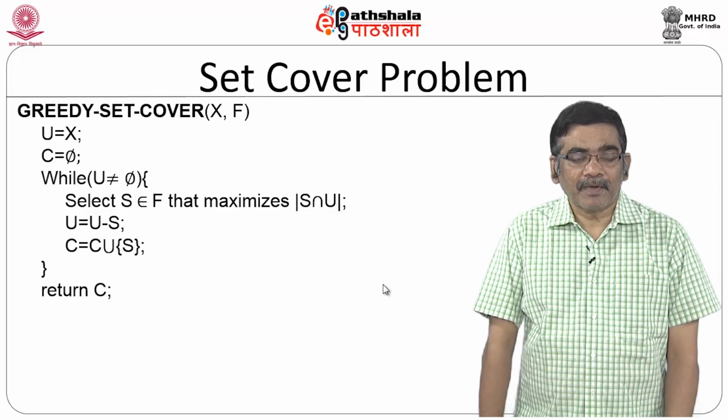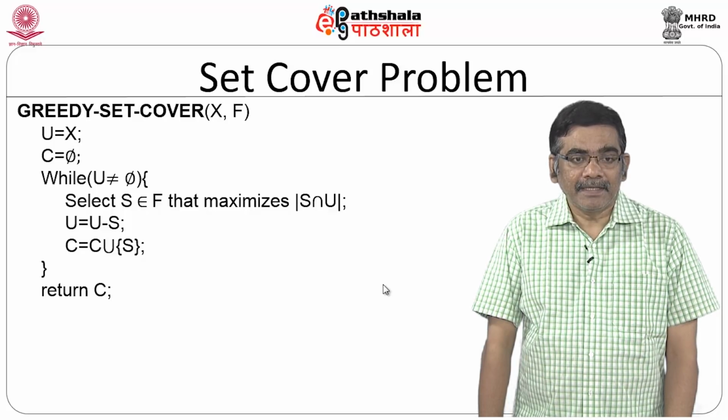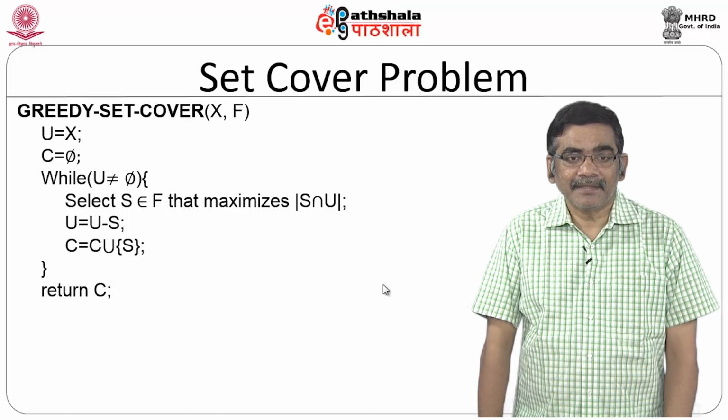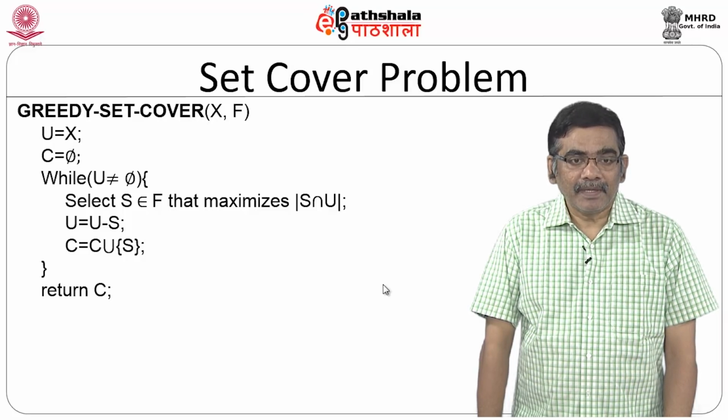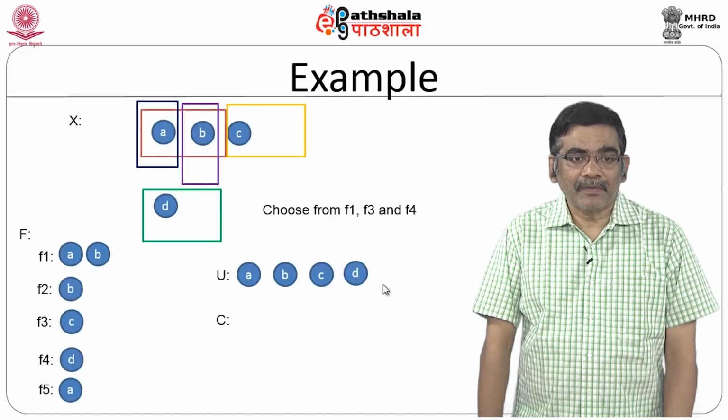This is the approximation algorithm for that. Initially I will set U equal to X, and initially cover is equal to null. When U is not equal to null, then I will select S such that it maximizes the intersection of S and U. Then I will remove this set from the universal set, and then I will add this to the cover.